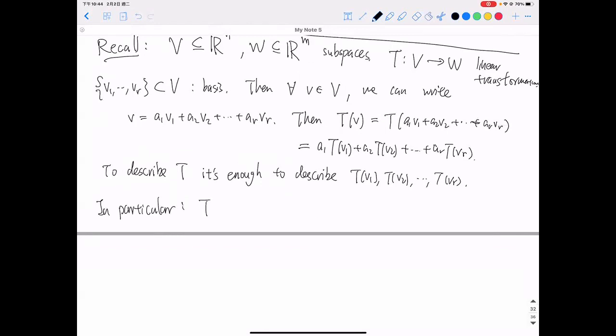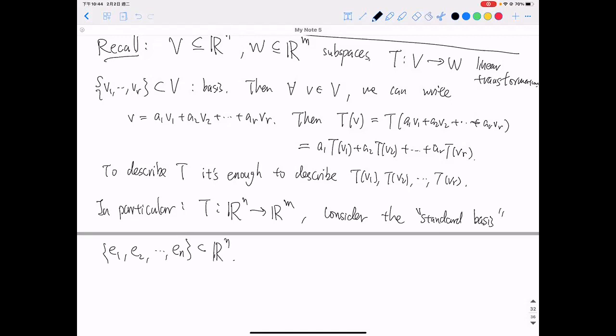Okay, so in particular, if T is of this form, from Rn to Rm, and we consider what we call the standard basis, E1, E2 up to En of Rn, then if you have a vector in Rn, say called X, it's going to look like this. It's a column vector with entries x1 through xn.